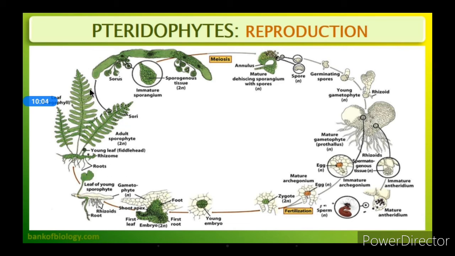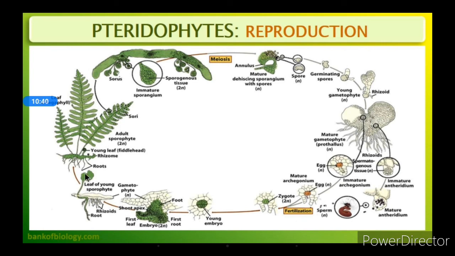That means the sporophyte plant bears sporangia, and spores will be released, and spores will germinate, and the rhizoid will come out. It will start forming a gametophyte, which is known as the prothallus, consisting of male and female parts, and they will undergo fertilization, that is fusion of male and female gametes, which results in the formation of a zygote. The zygote will develop into an embryo, and from it the sporophyte starts coming out, and this region is the gametophyte, right?